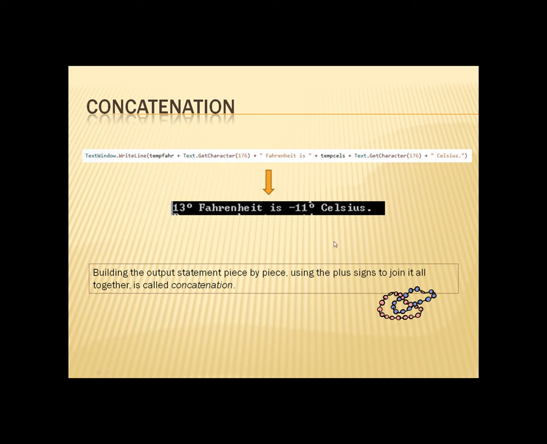This is called concatenation, this technique. It's a very common thing to want to do, is to build this output statement piece by piece, kind of fastening it all together or joining it all together with the plus signs. These plus signs here are not plus signs like in a mathematical sense, as in we're adding values together. We're stringing values together. We're connecting them or joining them, kind of like beads on a necklace. So that is called concatenation, and that's another term that I would like you to know.